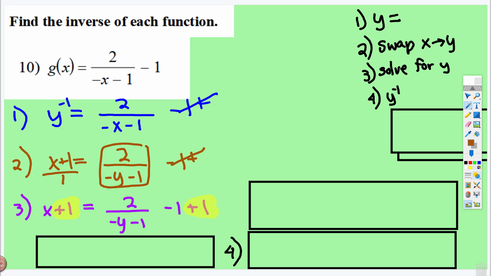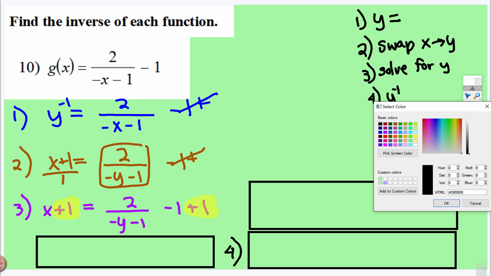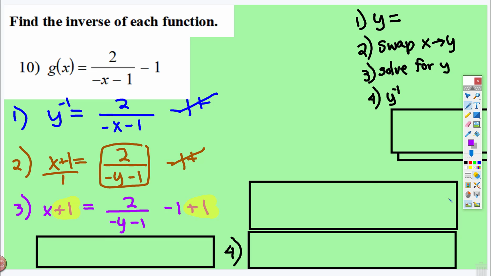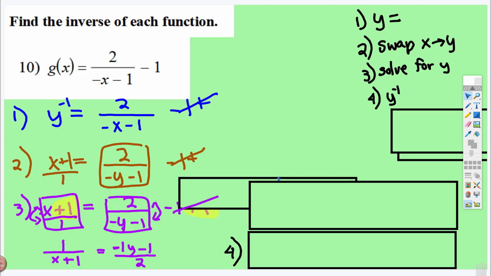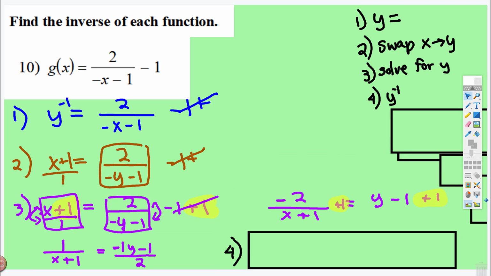I am getting ahead of myself. I apologize. So the 1's cancel, and now I'm going to put that over 1. And remember what I said, when you have a fraction equal to a fraction, but the variable we're trying to solve is in the denominator, you can flip both sides. Now I went ahead and flipped both sides.